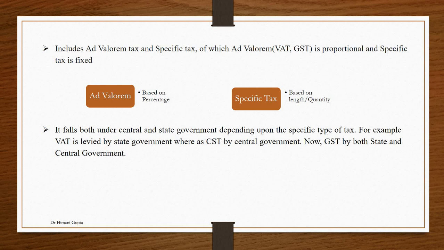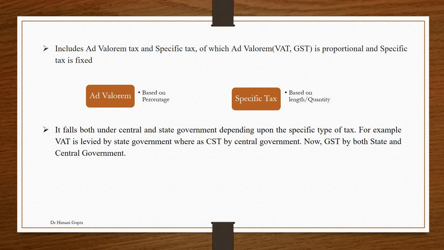Before the introduction of GST, in India we had different kinds of taxes such as VAT, which is value added tax, CST, which is central sales tax, and service tax. So before the introduction of GST, different governments charged different taxes. VAT was charged by the state government and CST was charged by the central government.